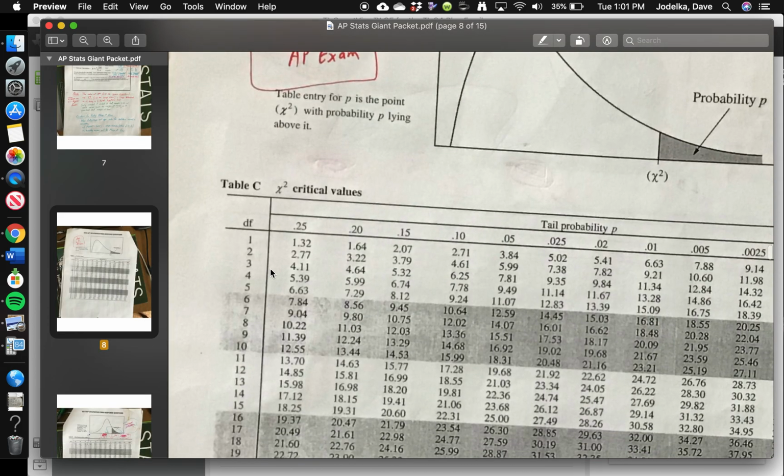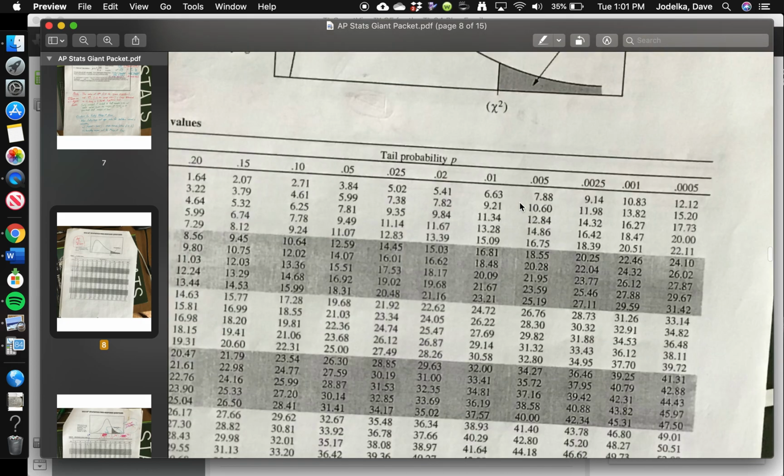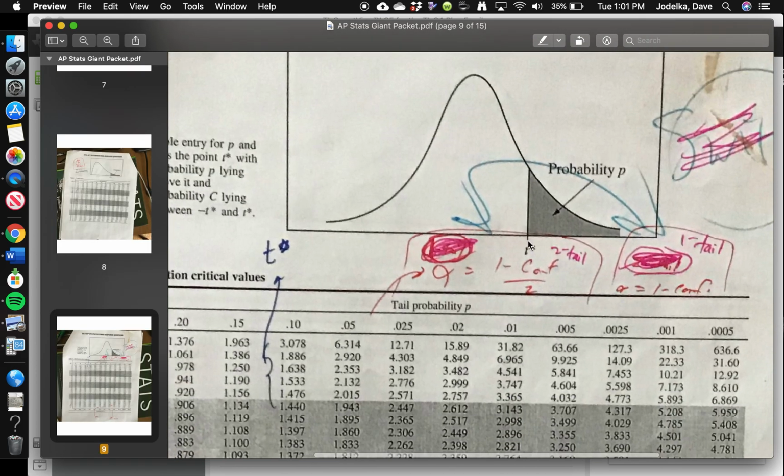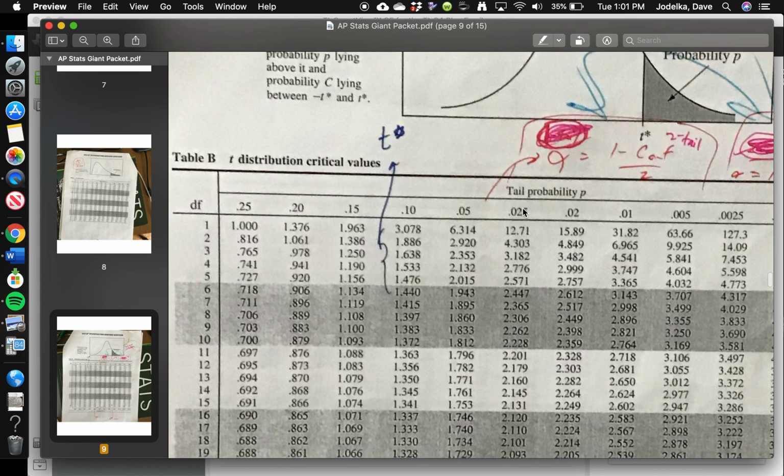You would look for 9 degrees of freedom, and then the confidence number associated with it. If it was 95% confidence, you would do 1 minus 0.95 divided by 2, that's 0.025. With 9 degrees of freedom, you would line those up, and this would be the critical value you would be using.